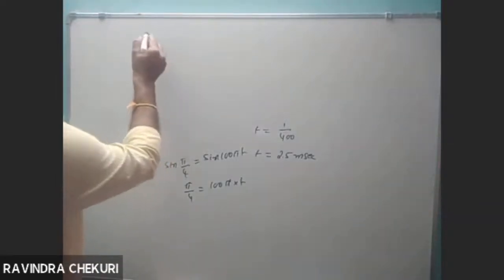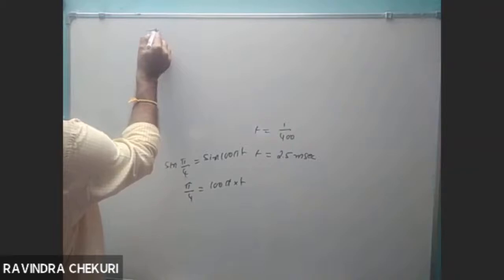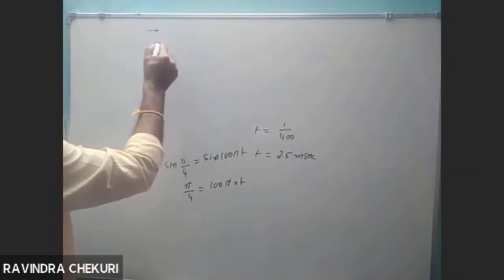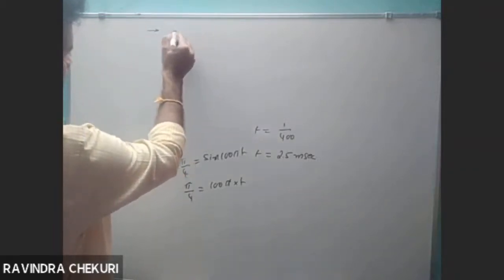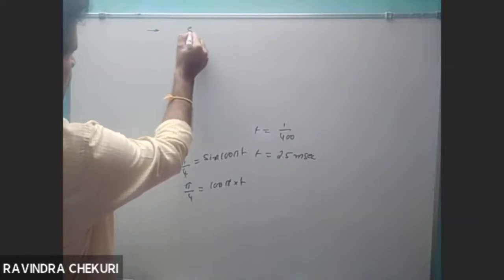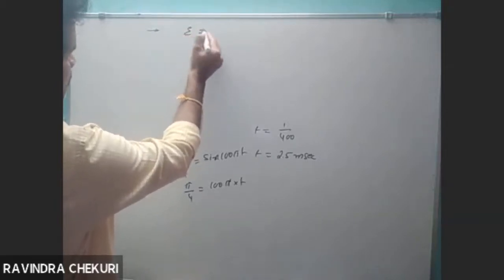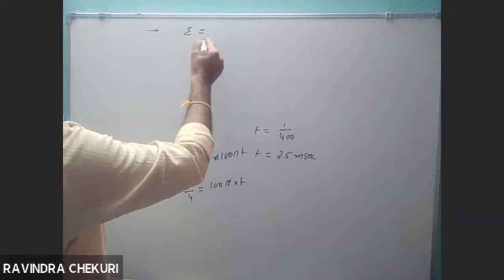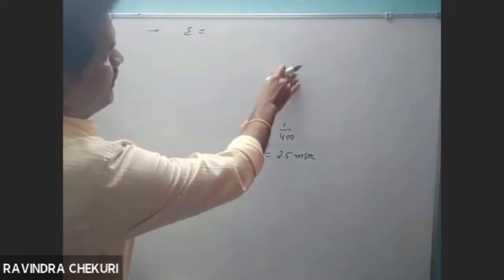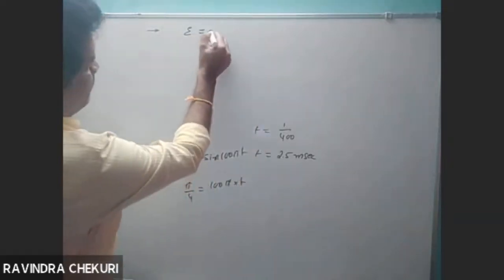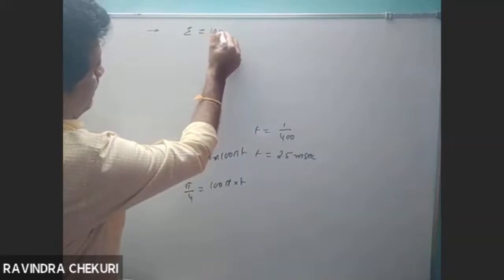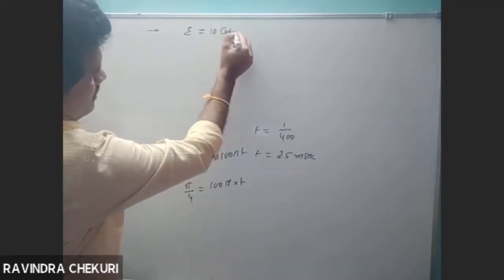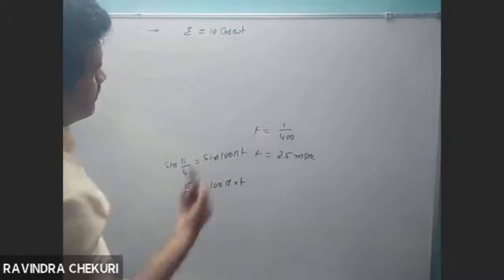Next, the RMS voltage a generator produces, voltage E is equal to 10 into cos omega t.